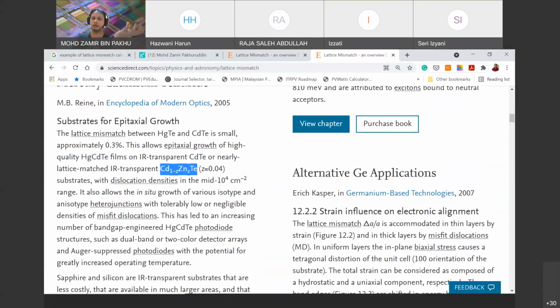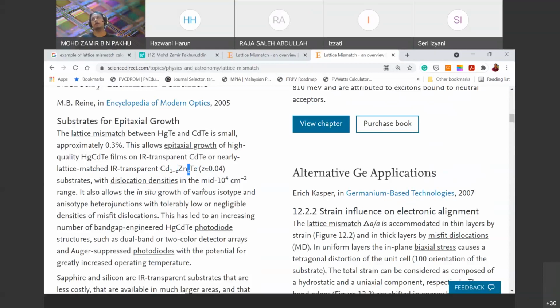You can vary the molar fraction of the cadmium and zinc in the cadmium zinc telluride compound. So in this case, it states here z is about 0.004, so that means cadmium here is 1 minus 0.004, and zinc is 0.004, right? So it's a compound. You can vary the molar fraction.